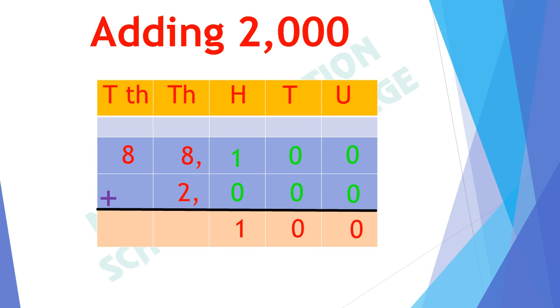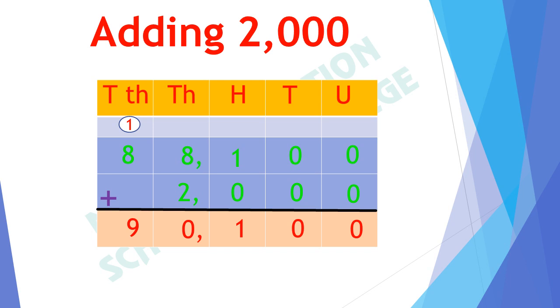Then we move towards the thousands. We have to add 8,000s and 2,000s. In 8, if we add 2, we get 10. We write 0 in the thousand column and we will carry forward 1 to the 10,000s. Now we will add 1 and 8. If we add 1 and 8, we get 9.